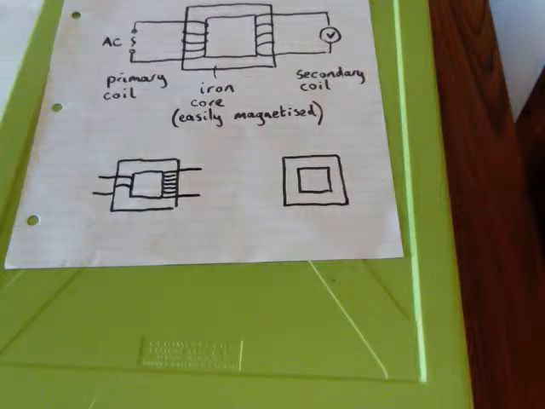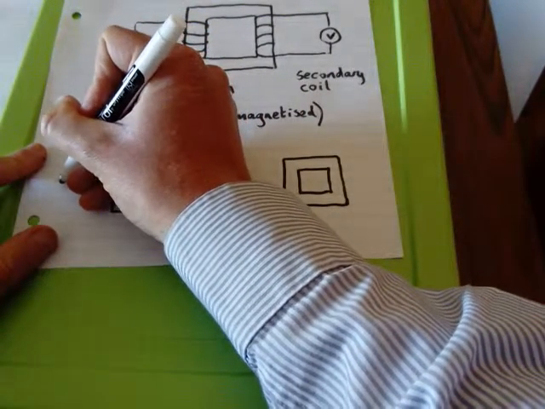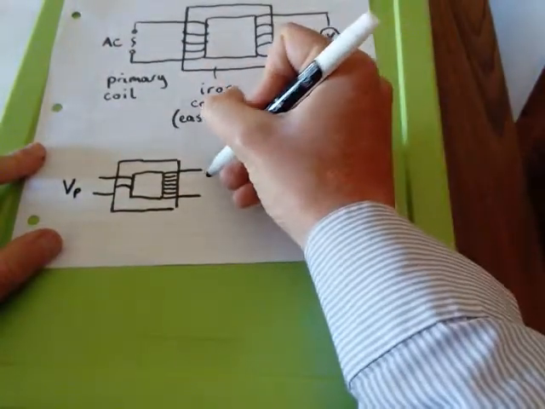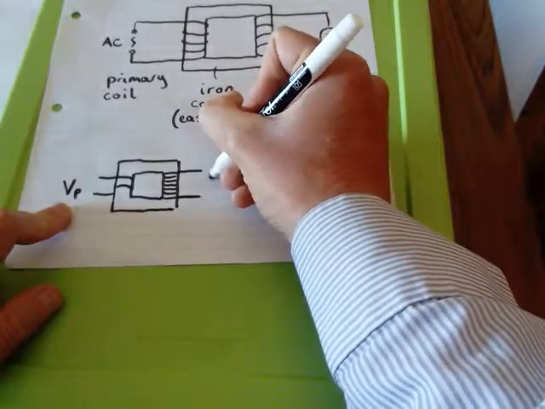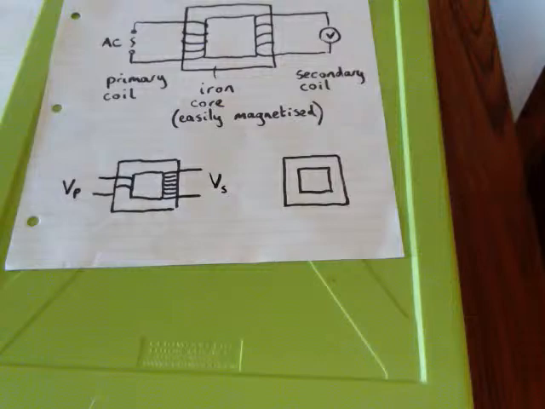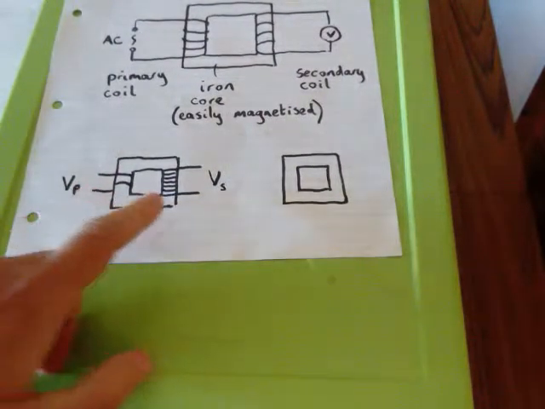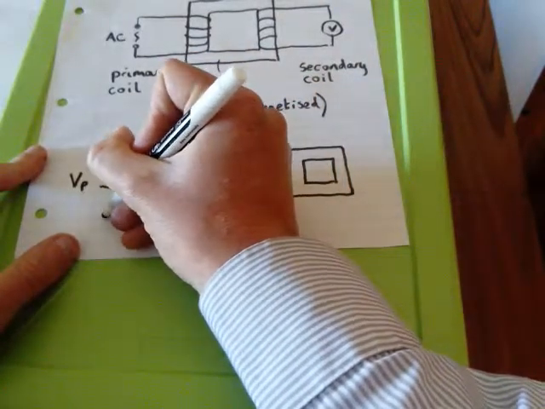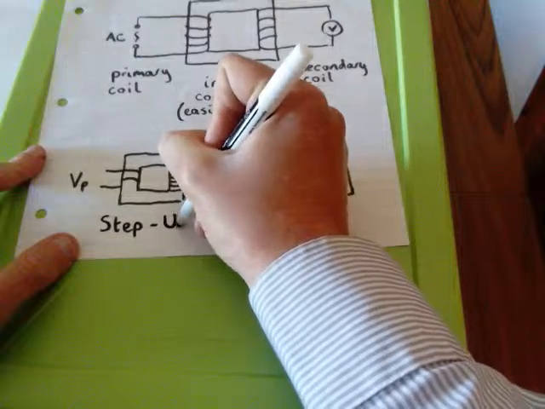To keep things in shorthand, I'm going to put voltage in the primary, VP, and you're going to get used to this. Next lesson, we're going to learn some equations that use this, and voltage in the secondary here. If you had that sort of layout, with 2 coils on the primary and many more coils on the secondary, this would be a step-up transformer. So we'll write step up.